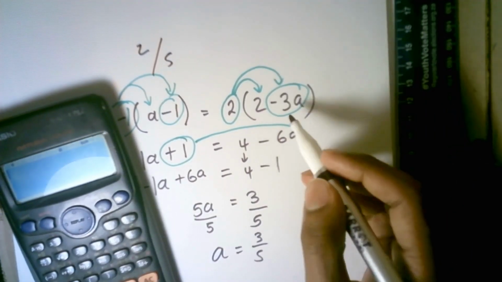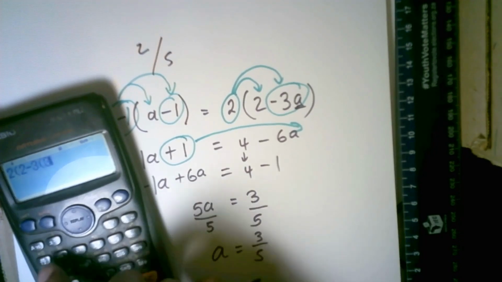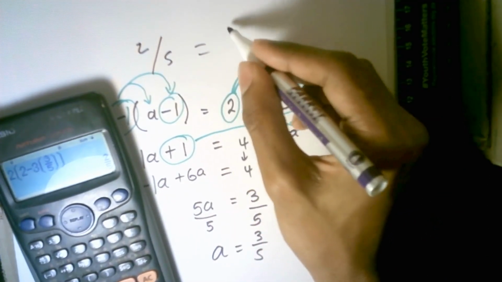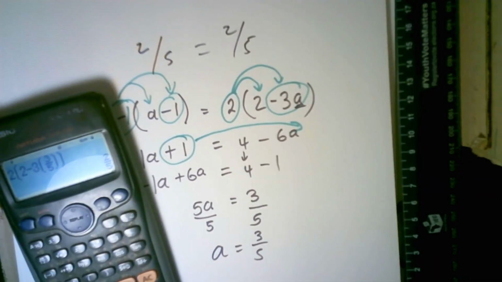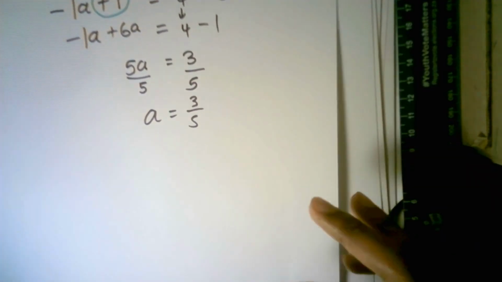So I'm going to substitute 3 over 5 in the place of a. So it's 2 into 2 minus 3 times 3 over 5, and that is also 2 over 5. So I know that my answer is correct. The left hand side of the equation is in fact equal to the right hand side of the equation, and you can practice the other questions that are there for you as well.